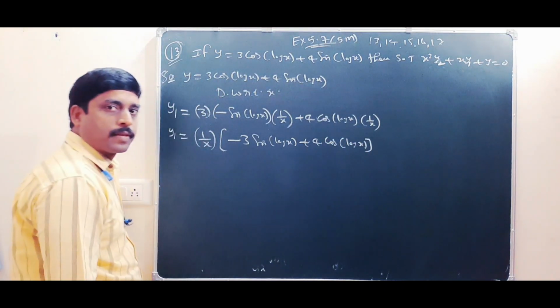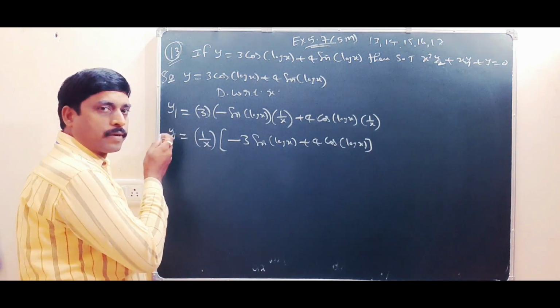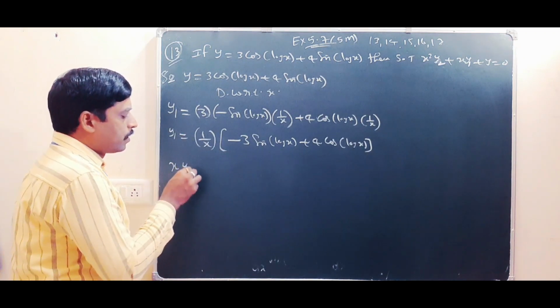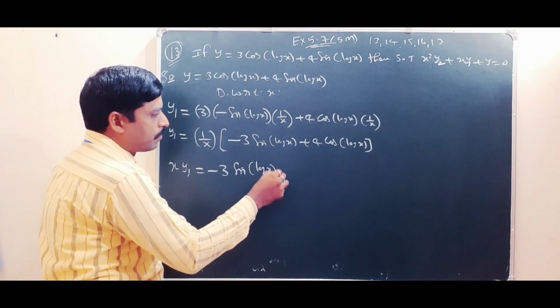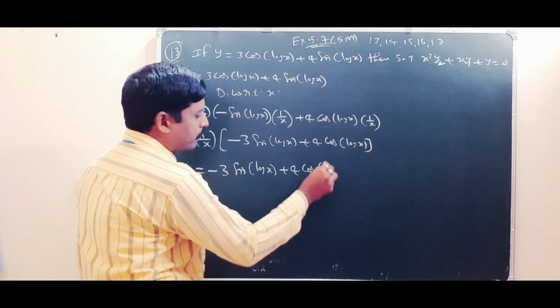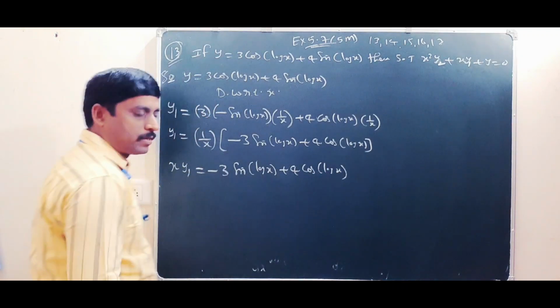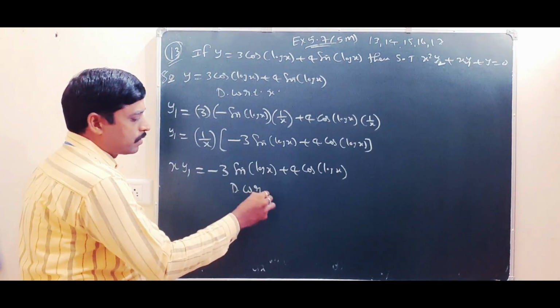Let us do the cross product: xy1 equals minus 3 sin log x plus 4 cos log x. Again differentiate with respect to x on both sides.